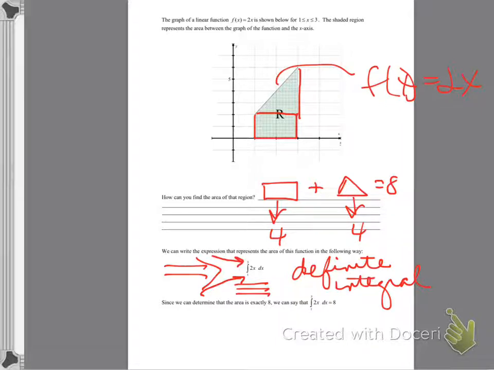If it didn't have endpoints, it would be called an indefinite integral. So that's some vocab for you, and you can express the area as the answer to the definite integral. So that's some notation, and now we're talking calculus. Let's go on to the next page.